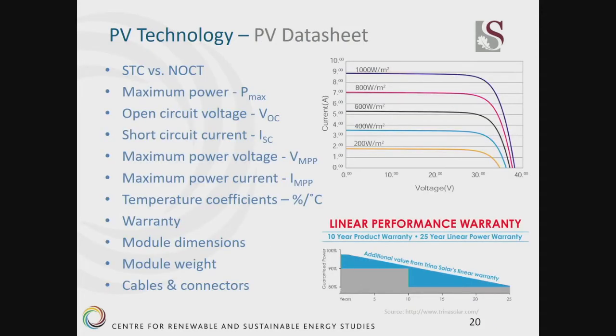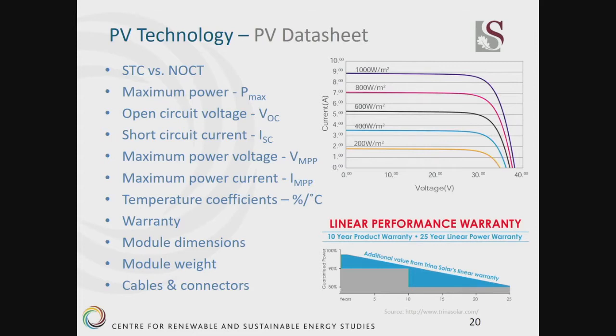So when we look at PV modules and we look at the data sheets, there are certain parameters that we need to consider. All these parameters are normally given at certain conditions, which is standard test conditions or STC, and those conditions are specified typically on the data sheet, which is at 1000 watts per square meter irradiance and 25 degrees Celsius temperature.